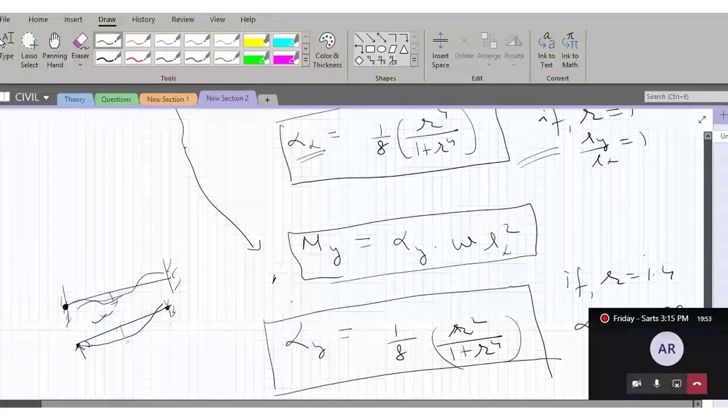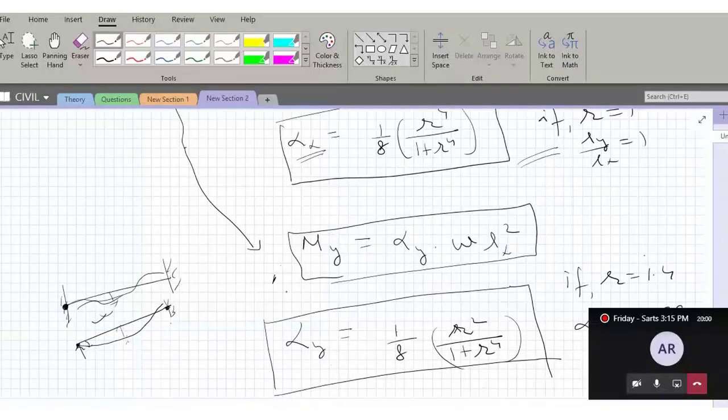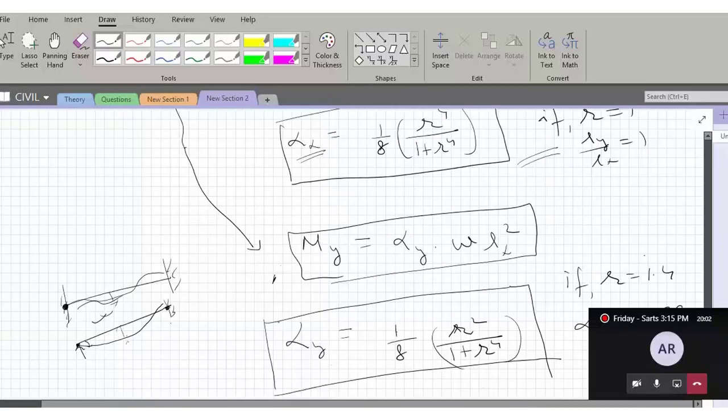So the same thing you are going to get from plate theory. You are going to have a differential equation for slab. Since you have not been introduced to plate theory, I cannot have that kind of discussion. So we have to understand that for different boundary conditions, you will have a different bending moment coefficient. I hope this is clear, Aman.